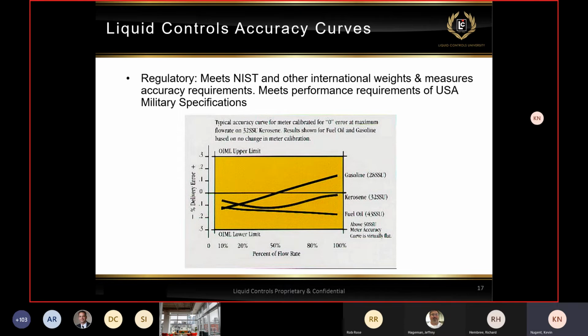The third test we did was a product of higher viscosity, a fuel oil, measured at approximately 43 SSU. And you can see that the meter tended to hold back, but also well within the limitations of international weights and measures requirements. And it just validates what we showed in the previous slide, that the meter is capable of accuracy at varying grades of viscosity.